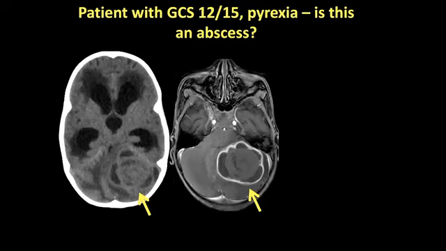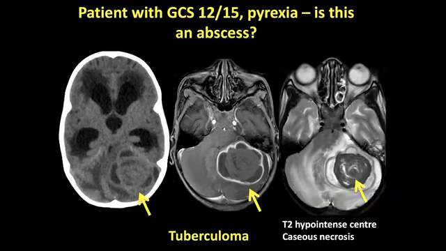So this is a patient who presented with a low GCS, a pyrexia, this somewhat strange looking lesion on CT, some slightly hyperintense center, a peripheral rim, which we can see is enhancing on the post-contrast MRI. And on the T2, you can see it's of profoundly low signal intensity, T2 hypointense. And this is consistent and very characteristic of caseous necrosis.